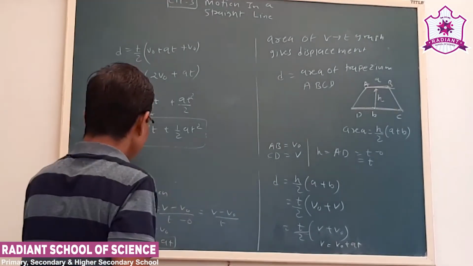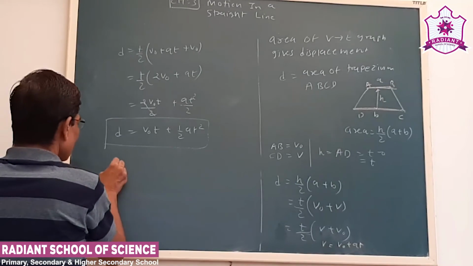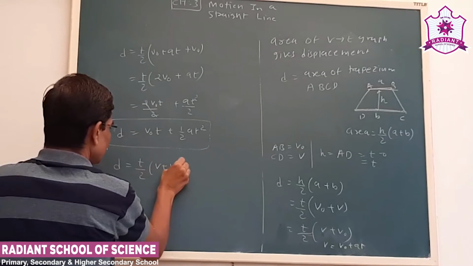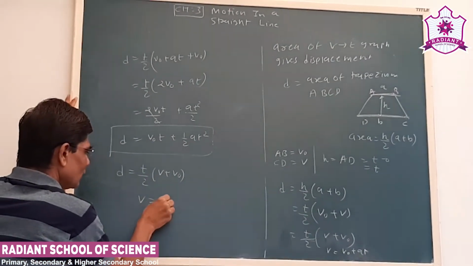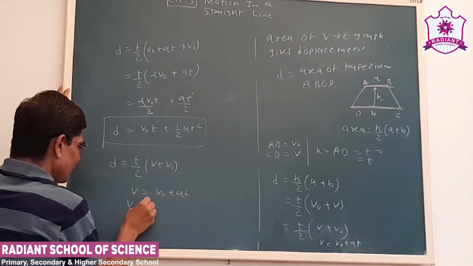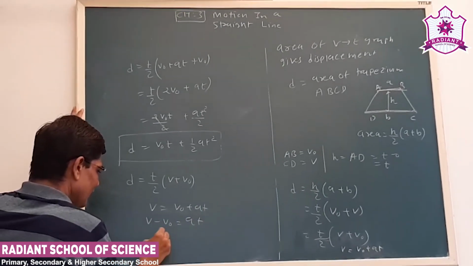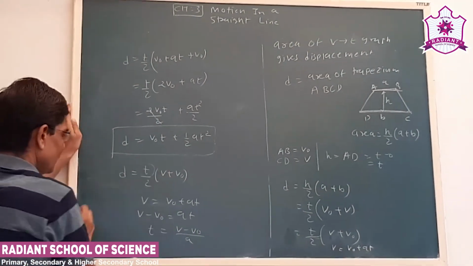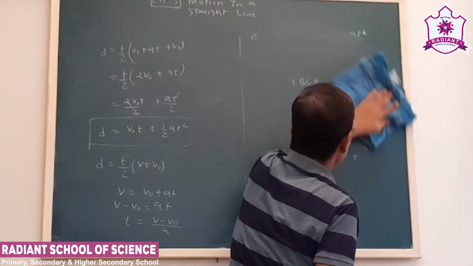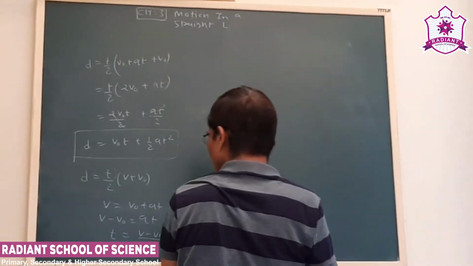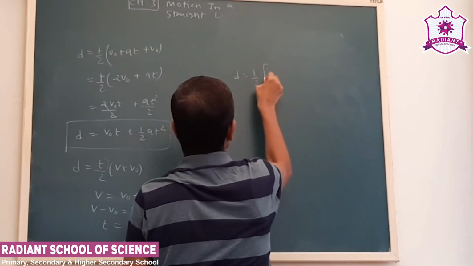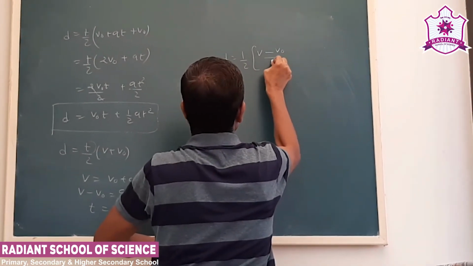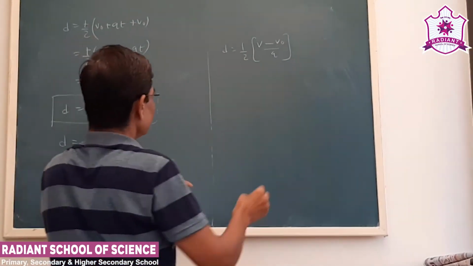Now see the third equation. Just now we have seen displacement d is t by 2 times v plus v0. Now we have seen v is equal to v0 plus at, so v minus v0 is at. So what is the value of t here? t is v minus v0 upon a. That value we have to substitute here. So displacement d is equal to 1 by 2 times v minus v0 upon a times v plus v0.